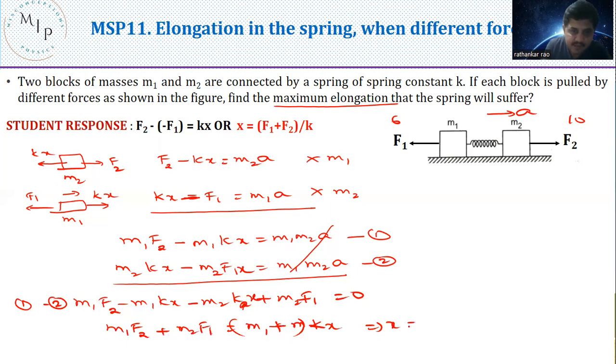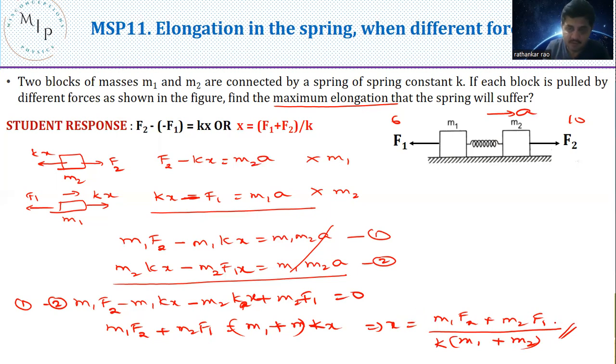So I get the value of X to be equal to M1 F2 plus M2 F1 divided by M1 plus M2. What is this now? This is your net, and I missed something here, divided by K. Okay, so this is your net expansion of the spring.